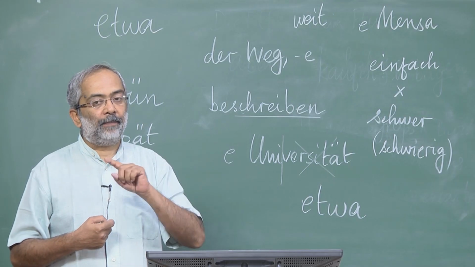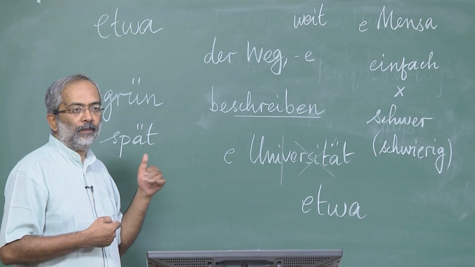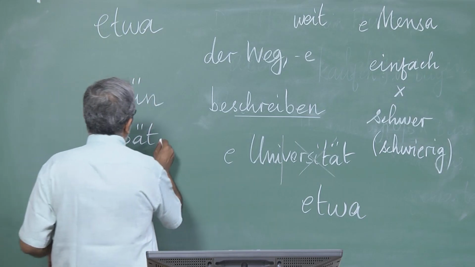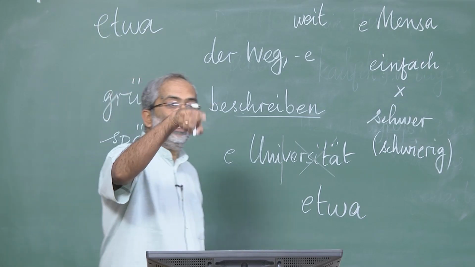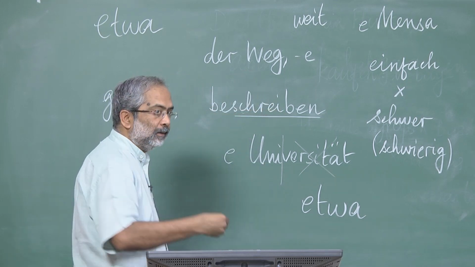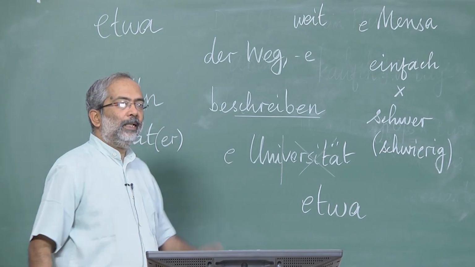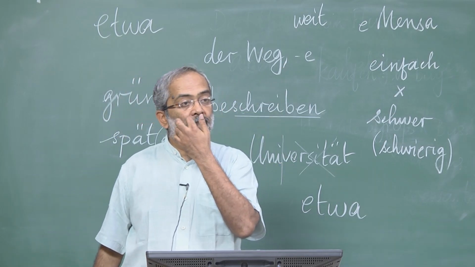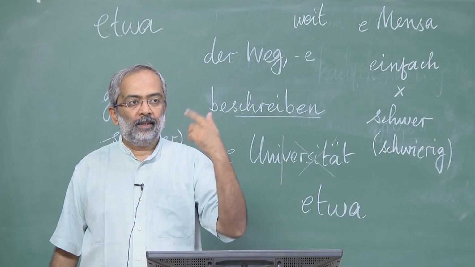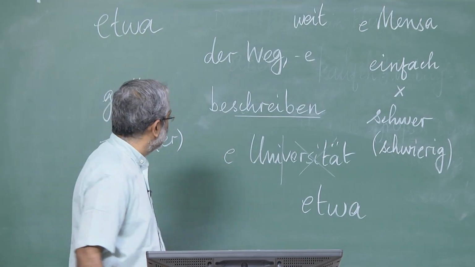Ja, nicht spät. Late. Spät is late, and wir lernen das später. If you add er to late, the comparative is later, später. So I am telling you wir lernen das später. Okay, we learn it later.